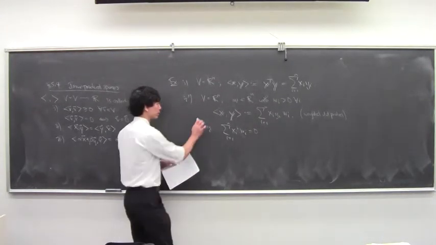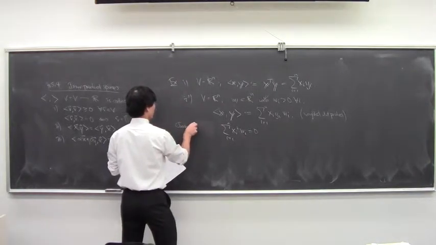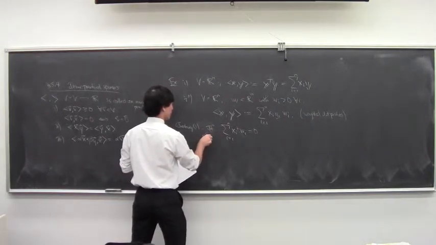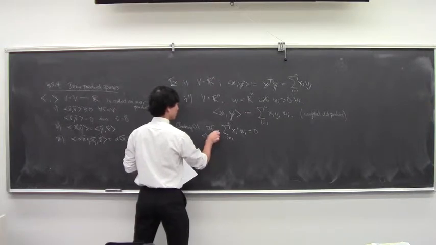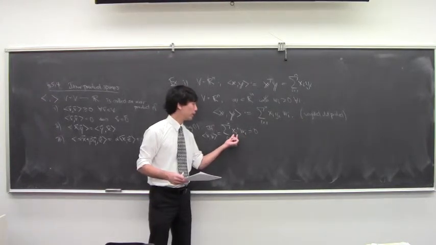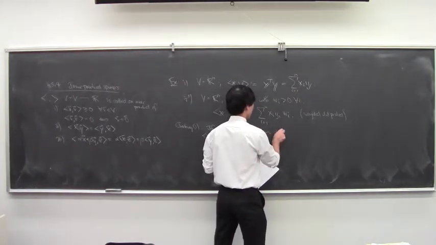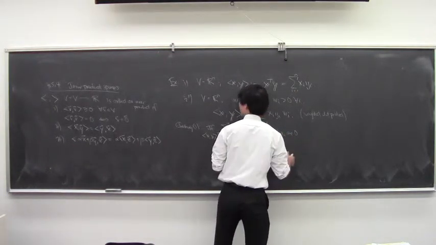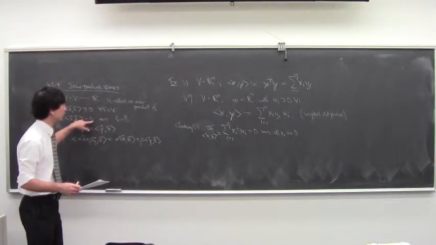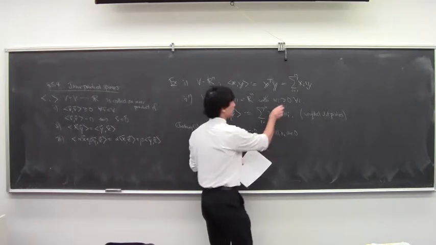Checking part 1, if xx equals 0, then what does that tell you? Then all the xi must have been 0. That's the only way this can happen. So the magnitude being 0 with respect to this inner product does force the vector to be 0.